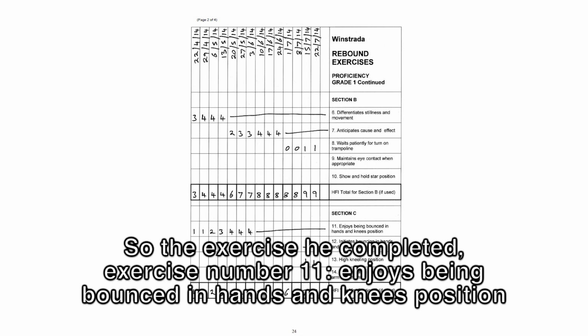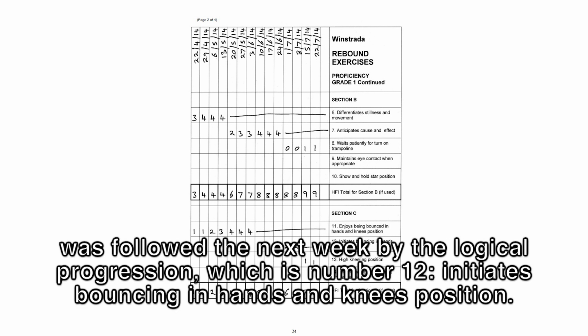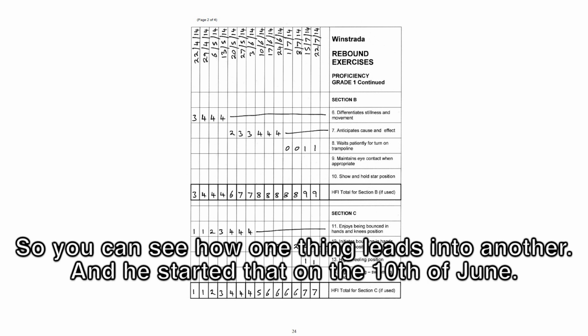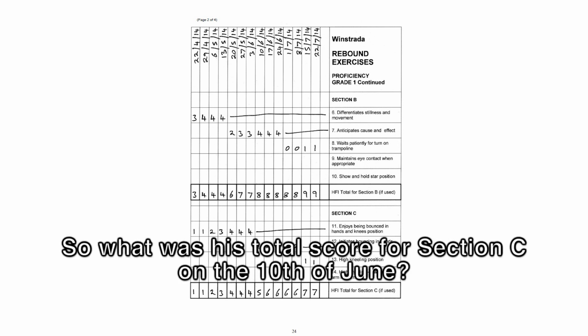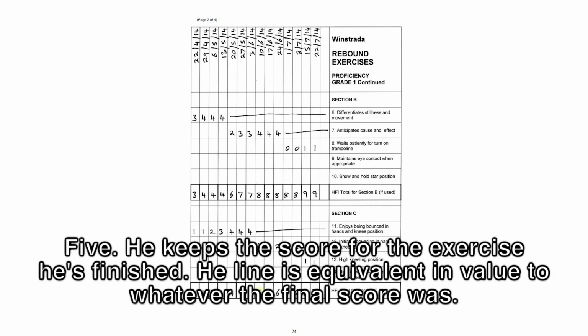So the exercise he completed, exercise number 11, enjoys being bounced in hands and knees position, was followed the next week by the logical progression, which is number 12, initiates bouncing in hands and knees position. So you can see how one thing leads into another. And he started that on the 10th of June. Can you see that? So what was his total score for section C on the 10th of June? 5, yeah.